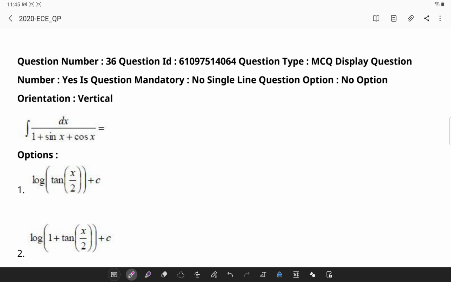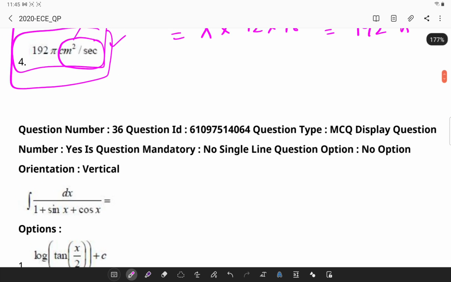The next question is related to integration. Whenever I have sin x and cos x terms, I have to take tan x by 2 as t.